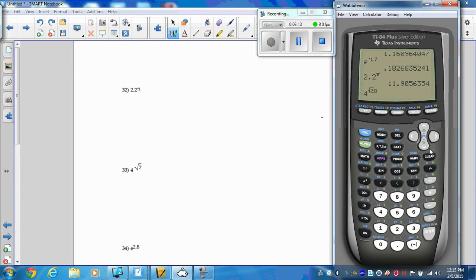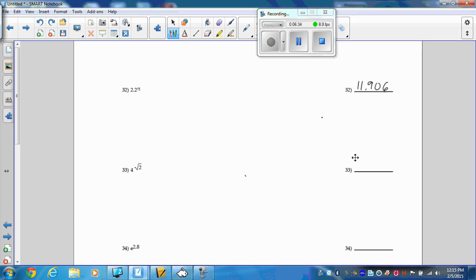And enter. So 7.103. You will need to go to the fourth place. This is 5 or more, so this goes up to 3. So don't miss it just because you couldn't round. 7.103.